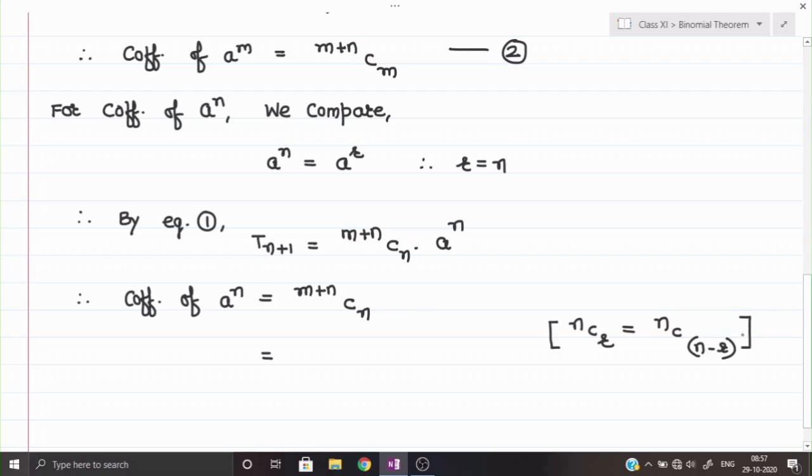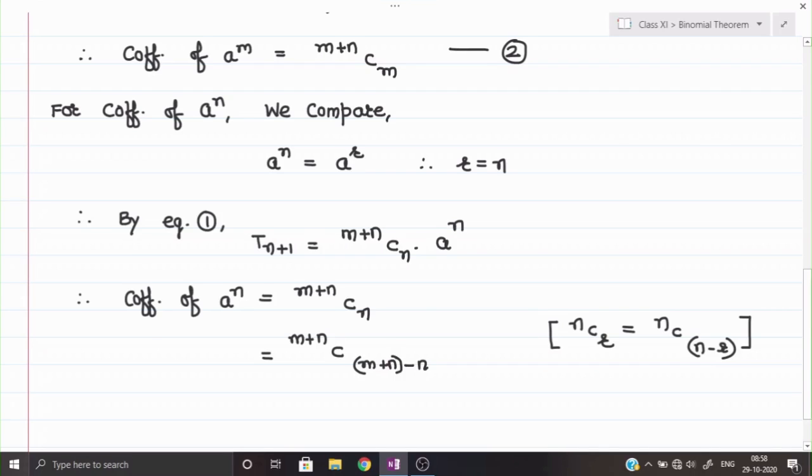So if I apply this rule, m plus n will remain same, only the term coming in the suffix will be changed, m plus n minus r. What is n here? m plus n, and r will be equal to n.